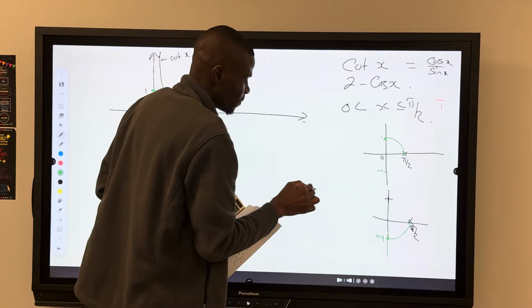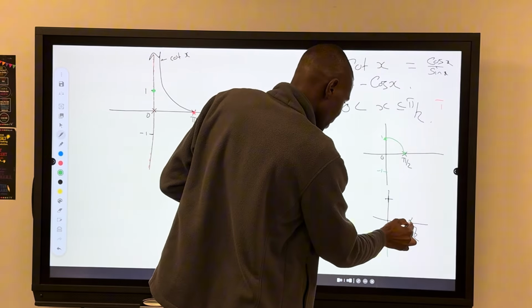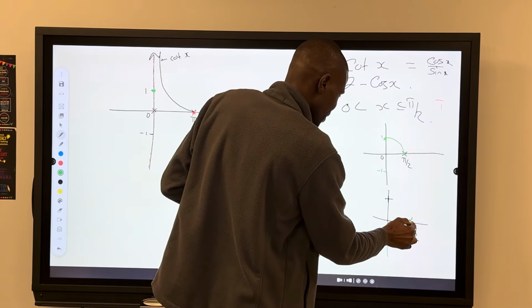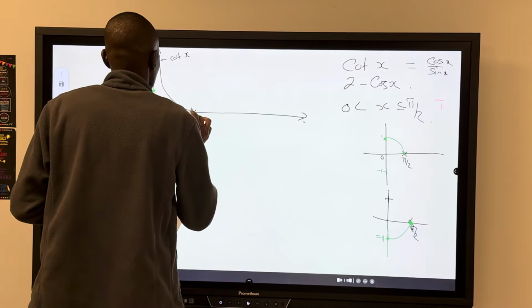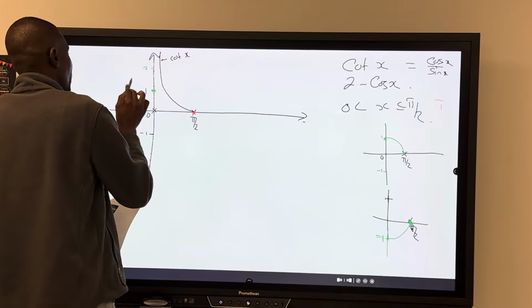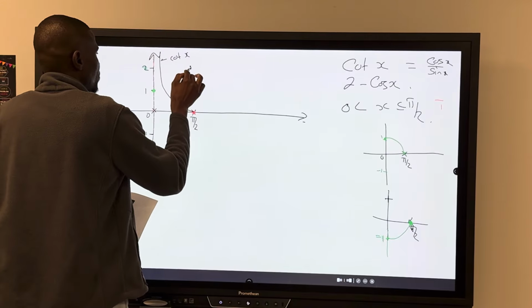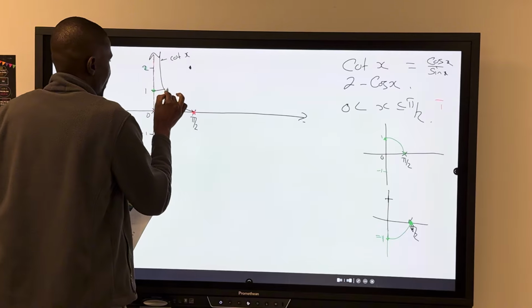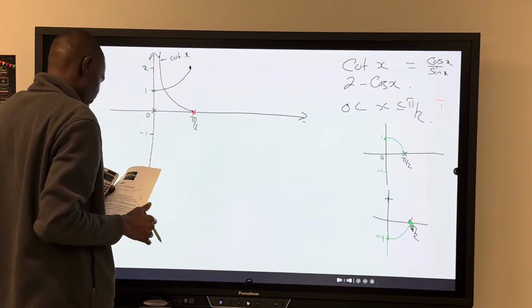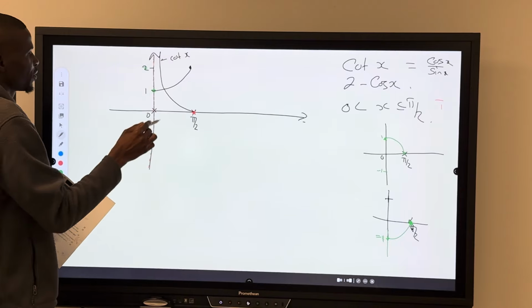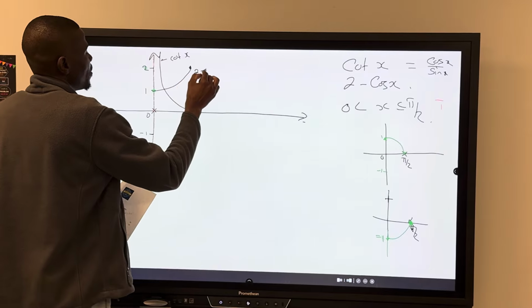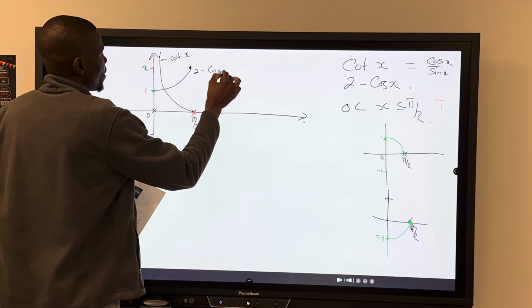Then everything that was taking place at 0 will now take place at 2, so I have my 2 here. The graph will be like that in that range. So this is now 2 minus cosine of x.